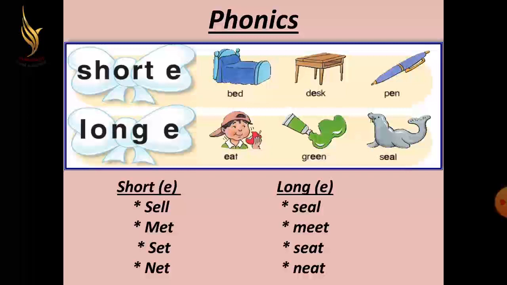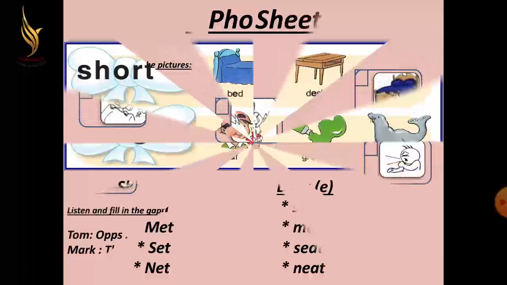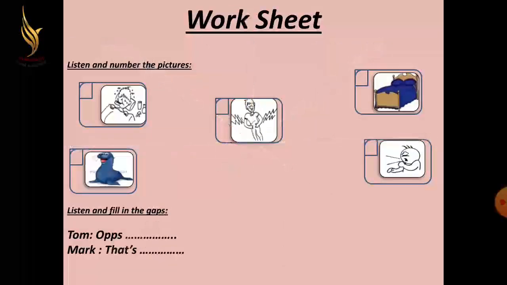Met, short E; meet, long E. Set, short E; seed, long E. Net, short E; neat, long E. So now you can differentiate between the short E sound and the long E sound.